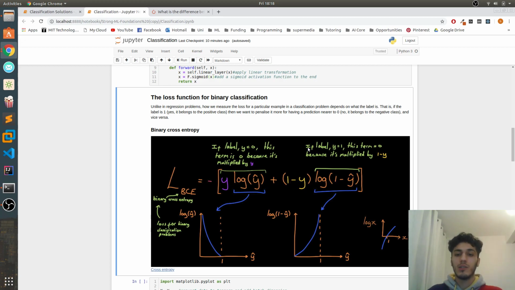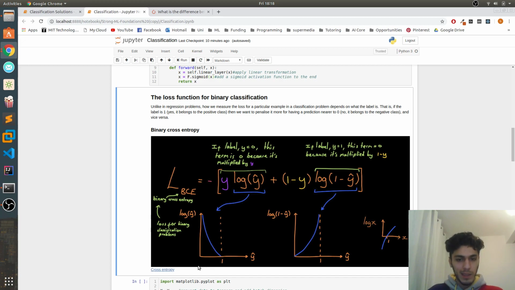And let's consider if the label y equals 1. So what happens here? 1 minus y, 1 minus 1, is 0 times this. So the right half disappears, and we end up with this left half, which, because y equals 1, just becomes minus log y hat. And what that looks like is this.